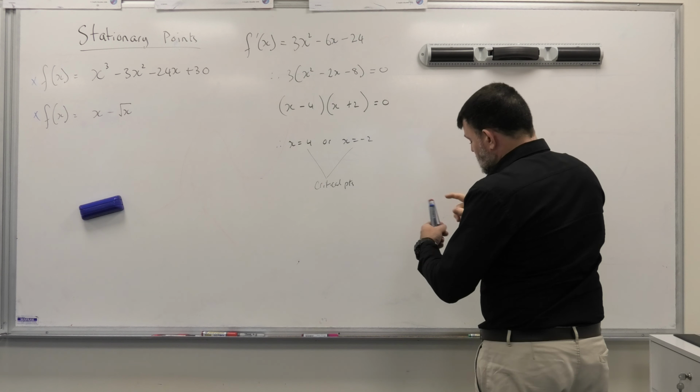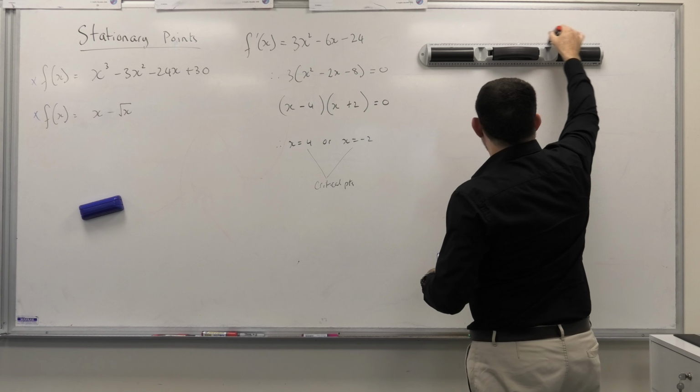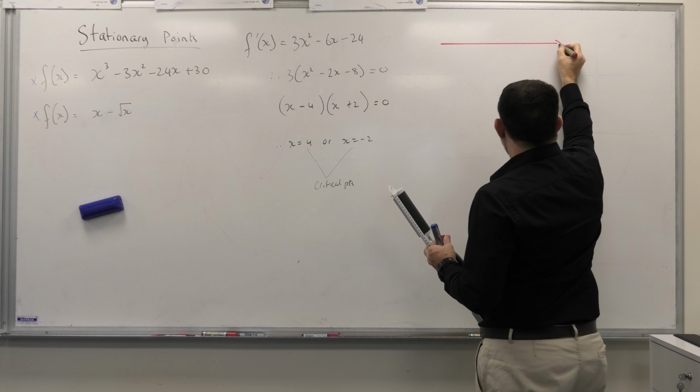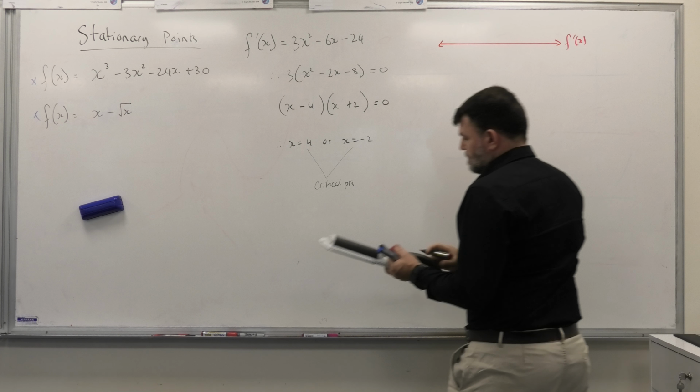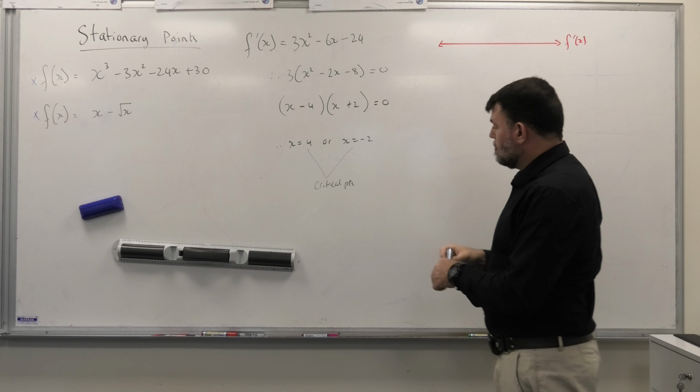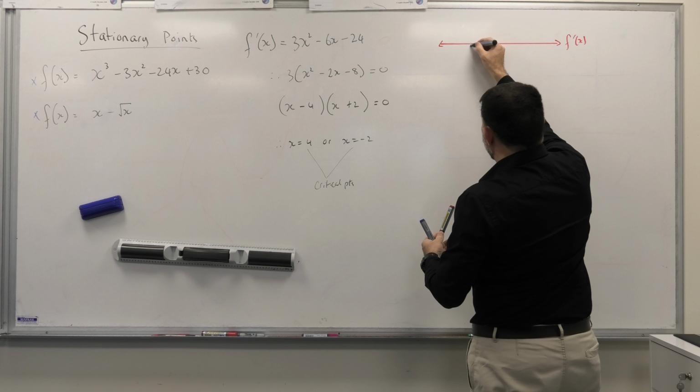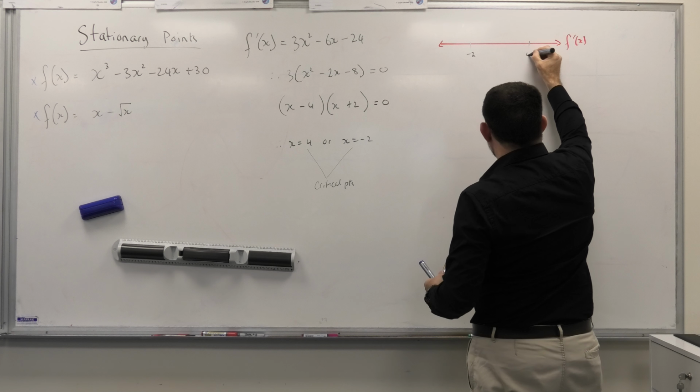So if we drew our sign diagram up here, we're going to plug in our critical points. We've got x equals -2 and x equals 4.